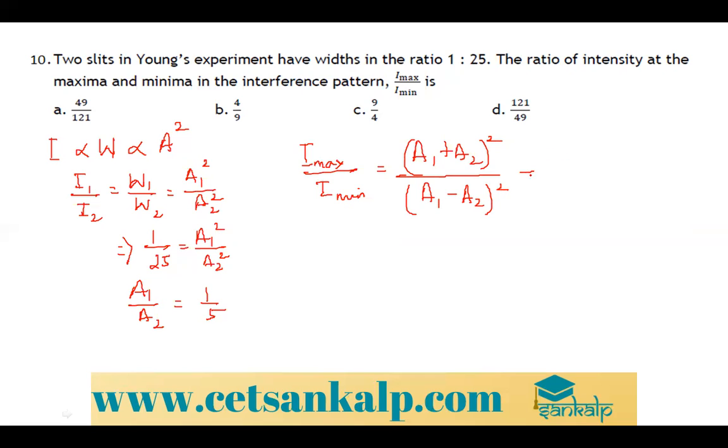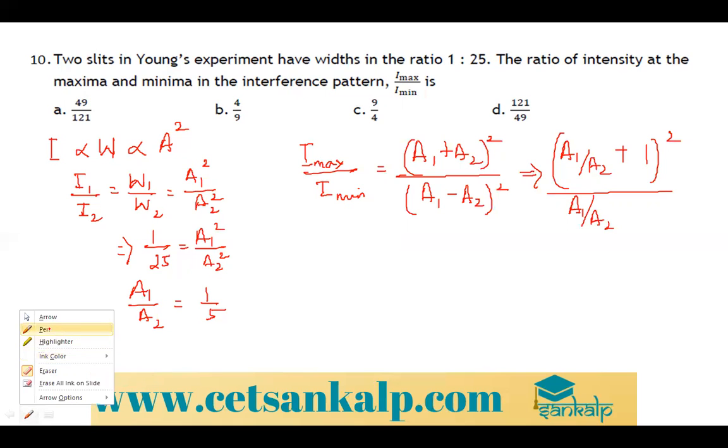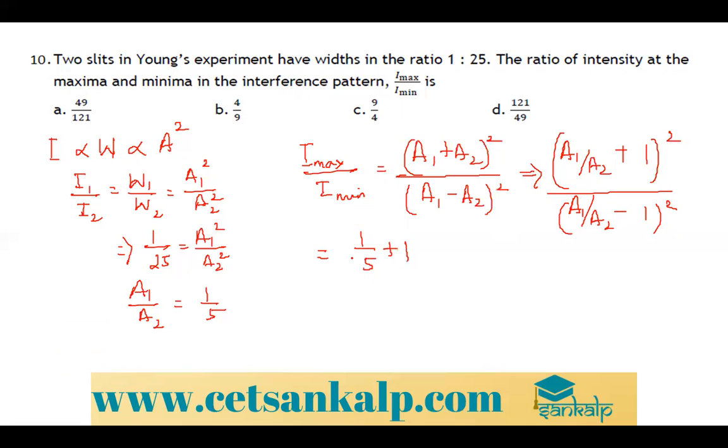So again in this I divide. So A1 by A2 plus 1 the whole square divided by A1 by A2 minus 1 the whole square. So here it is 1 by 5 plus 1 the whole square divided by 1 by 5 minus 1 the whole square.